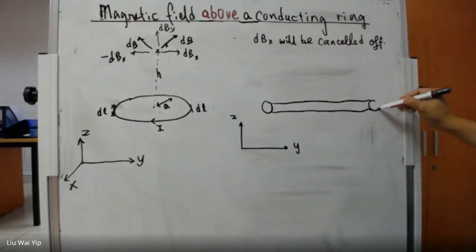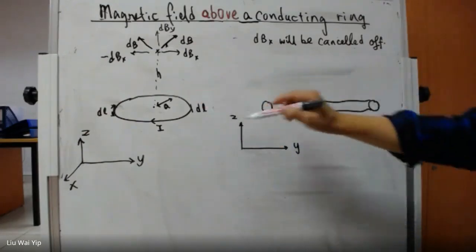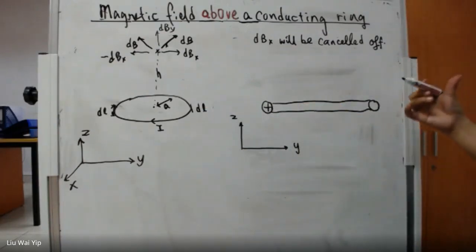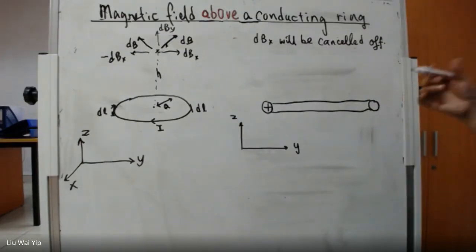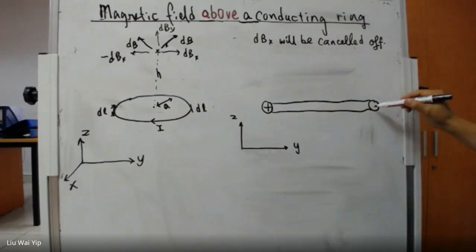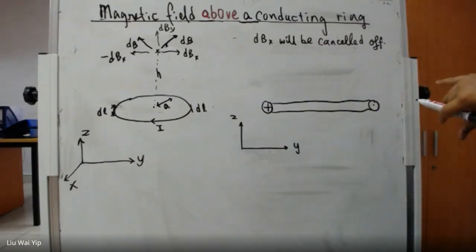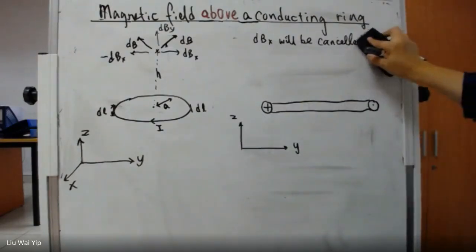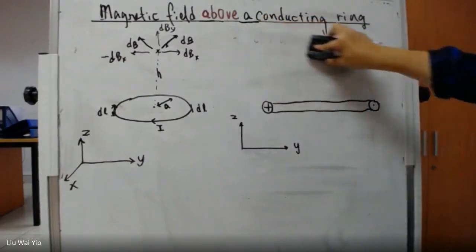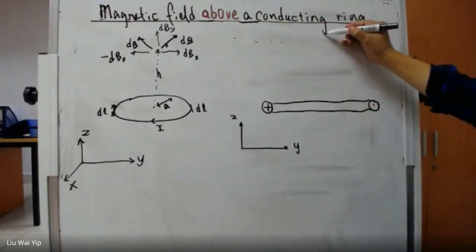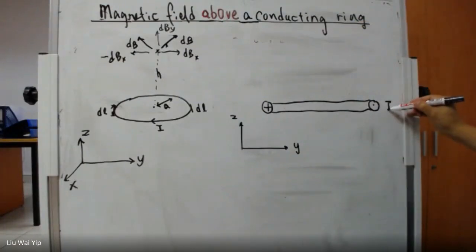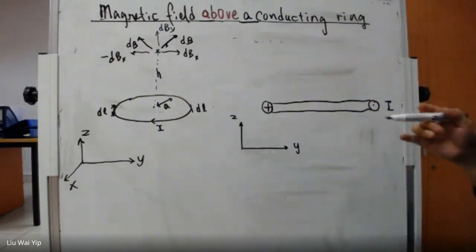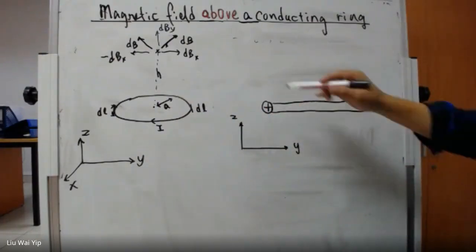And then the current on the left side should be going into the plot, and the current on the right side should be running out of the plot. We are going to measure the magnetic field contribution. This is the I, and the delta L is an invisible section when we consider this plane only.